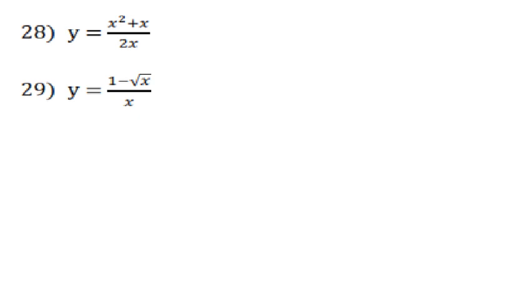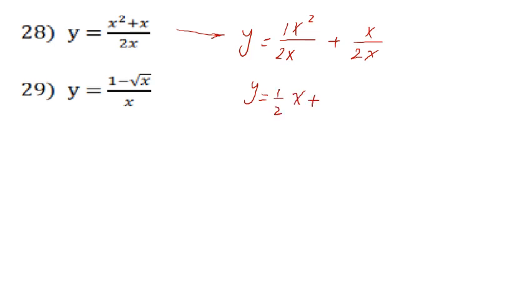29. I need to rewrite question number 29 in the form of a sum of terms of powers of x. So I'm going to split the fraction into x squared divided by 2x plus x over 2x. So y is equal to 1 divided by 2 is half, x squared divided by x is x, plus half, as x divided by x is 1.